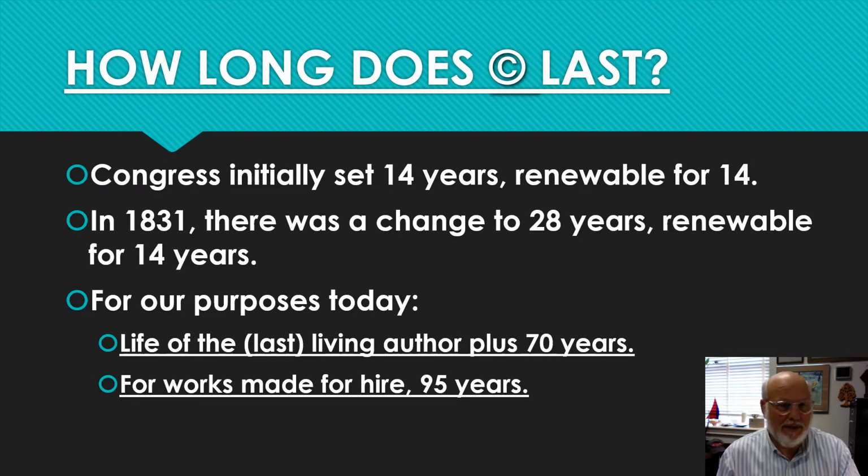If you copyright something when you're 20 years old and you live to be 90, that's 70 years. And then after you've gone, it will last another 70 years. So something that's copyrighted today by a 20-year-old, technically, the copyright could last for 140 years.